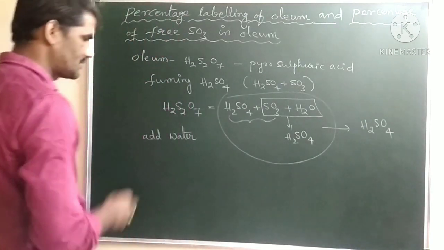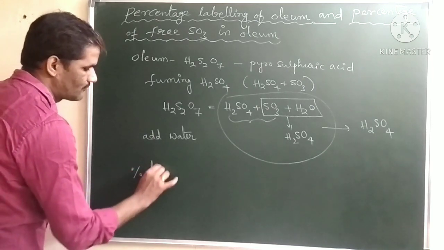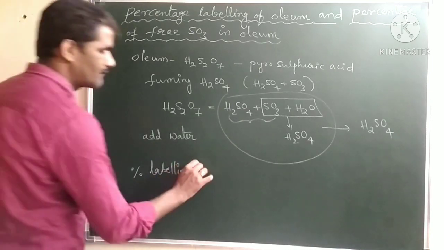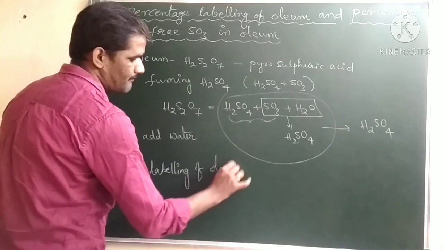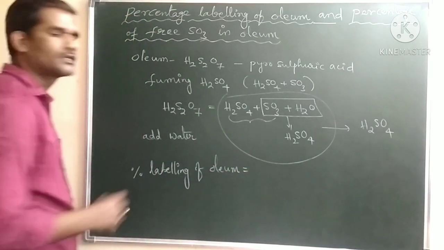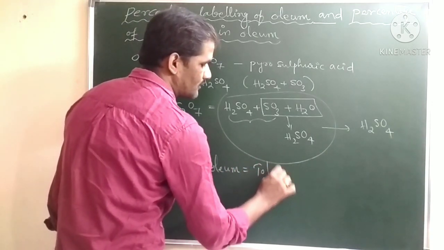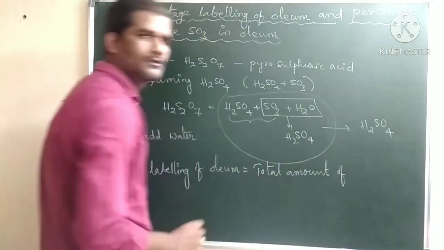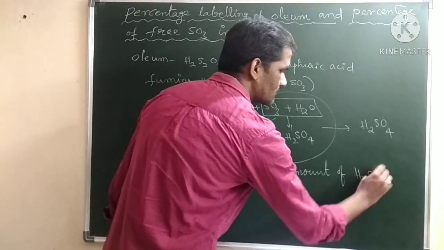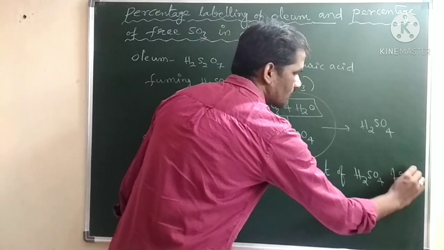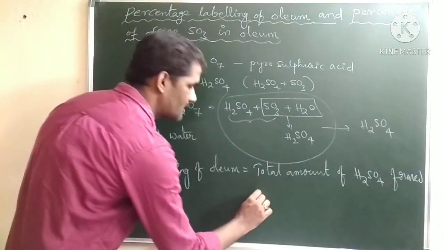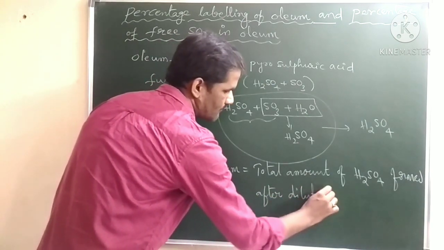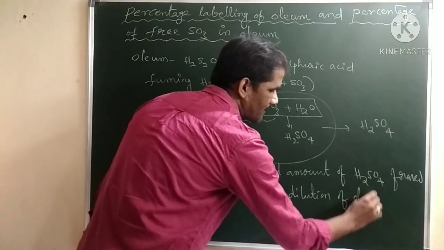Percentage labeling of oleum we can define like this: percentage labeling of oleum is equal to total amount of H2SO4 formed after dilution of oleum sample.